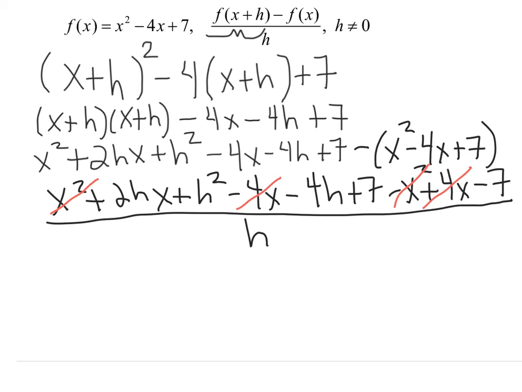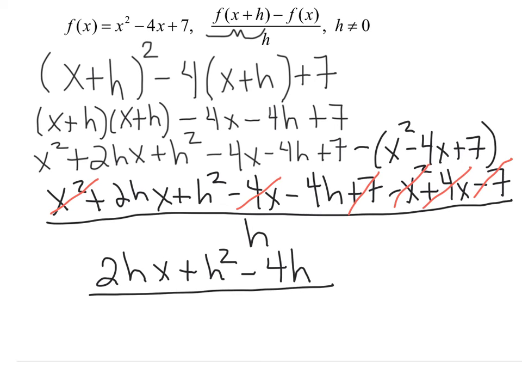I can cancel those. I also have a positive 7 and a negative 7 that can cancel. All right, so let's see what we have left. We have 2hx plus h squared minus 4h, all of that over h.